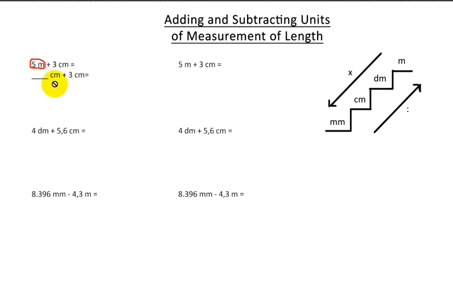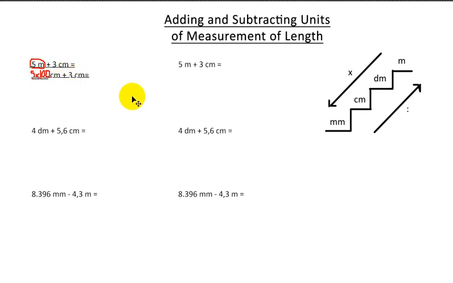Here on this line, I want you to write the calculation that you need to do to turn this from meters into centimeters. So that means write the 5, and then look at the ladder. You need to go from meters to centimeters. So that's times 100. 5 times 100.